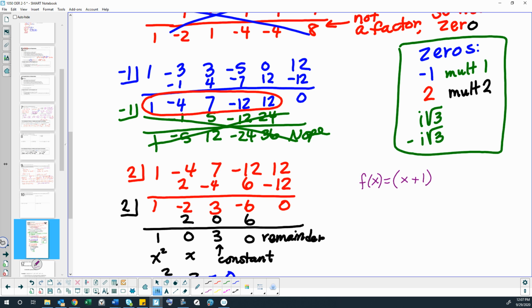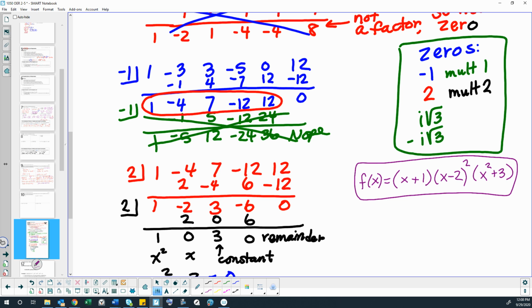The multiplicity or the power would be 1. So we don't need to write it. So then we have x minus 2, multiplicity 2. So what's our power? Squared. Yeah. And then we have our irreducible quadratic factor, which was x squared plus 3. We have now written our polynomial in factored form.